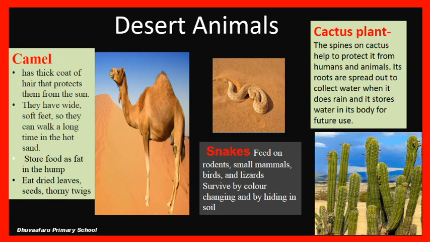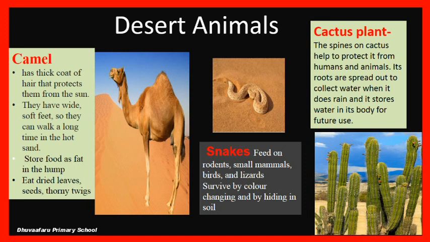They can eat dried leaves, seeds, and thorny twigs. Snakes feed on rodents, small mammals, birds, and lizards, and survive by color changing and by hiding in soil.